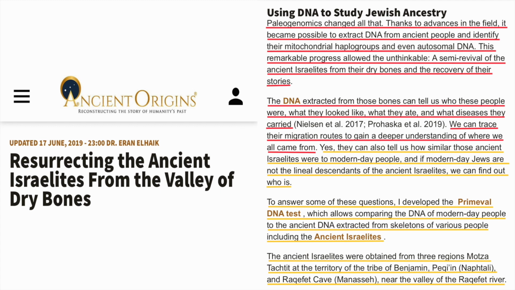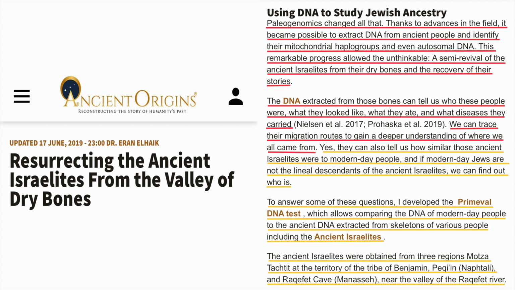And it reads, using DNA to study Jewish ancestry, paleogenomics changed all that. Thanks to advances in the field, it became possible to extract DNA from ancient people and identify their mitochondrial haplogroups and even autosomal DNA.